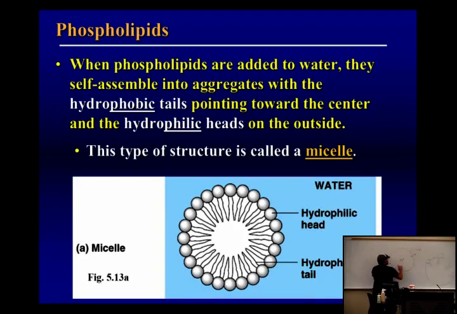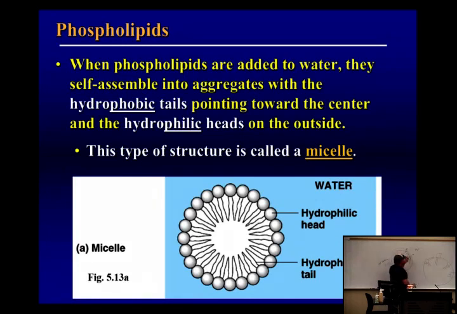So I can't make it out of one of these layers, but I can make it out of two. If I have the heads facing the water on the inside of the cell and also facing the water on the outside of the cell, this inside is going to be philic or phobic? Phobic.